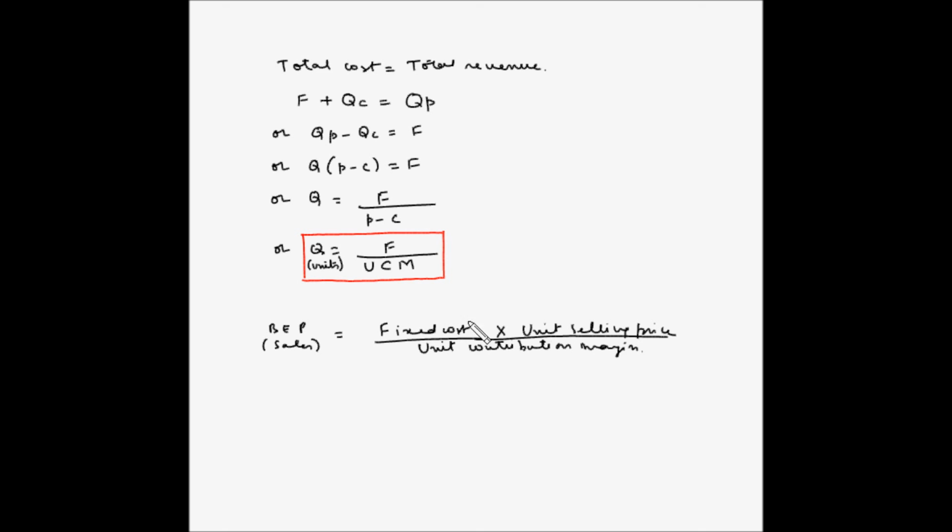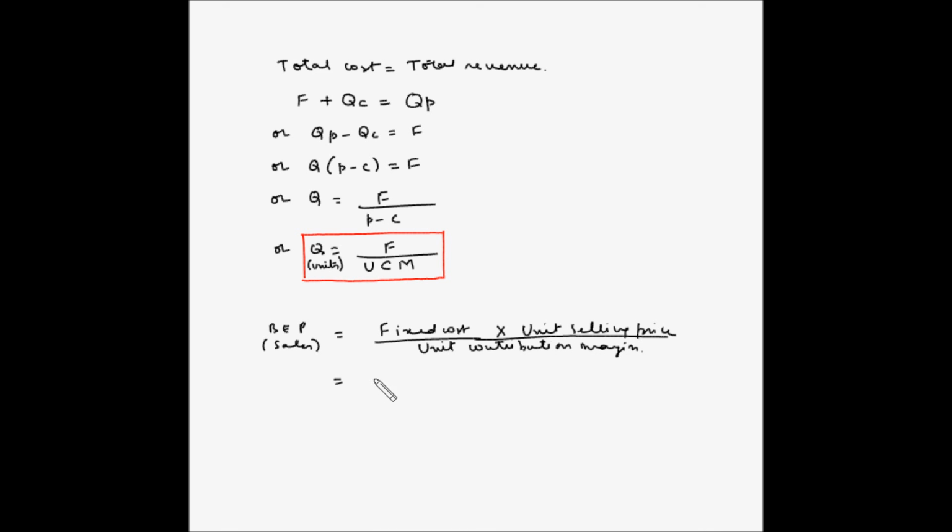If we want to get the break-even point in terms of sales, we have to multiply both sides by the unit selling price. So Q multiplied by P is the sales, and on the right hand side we have also multiplied by unit selling price.